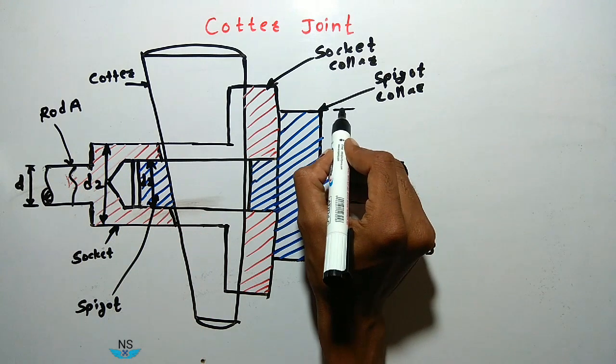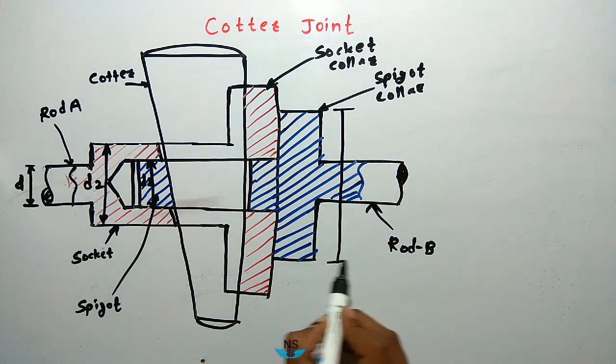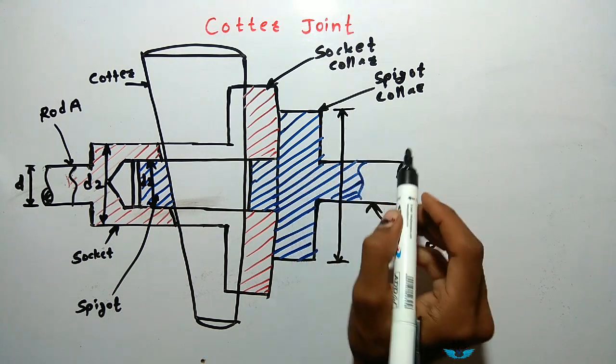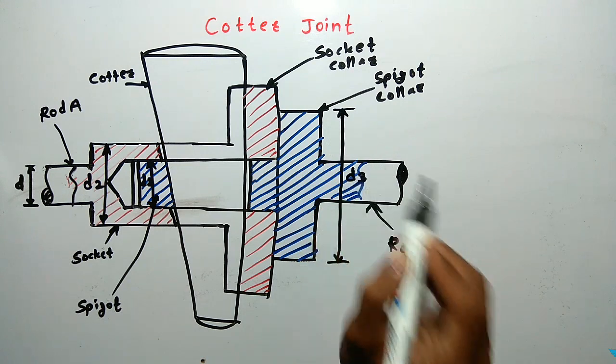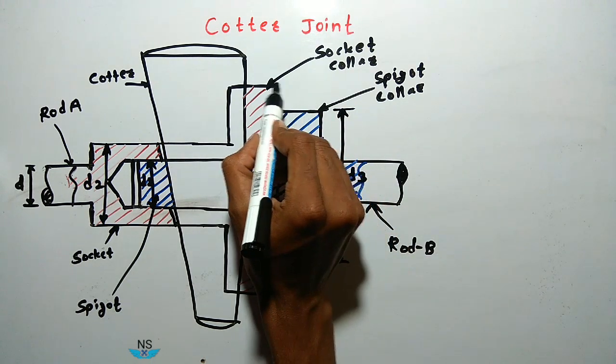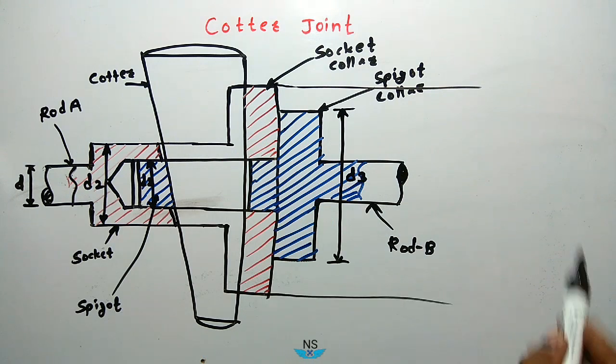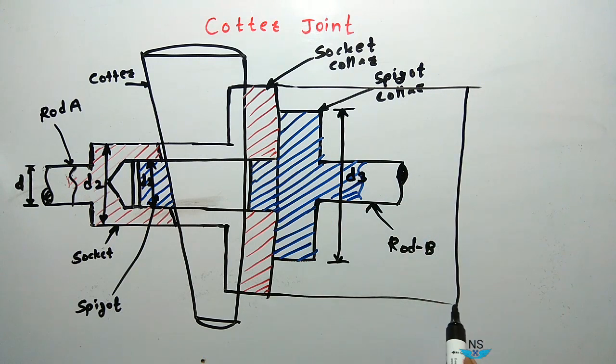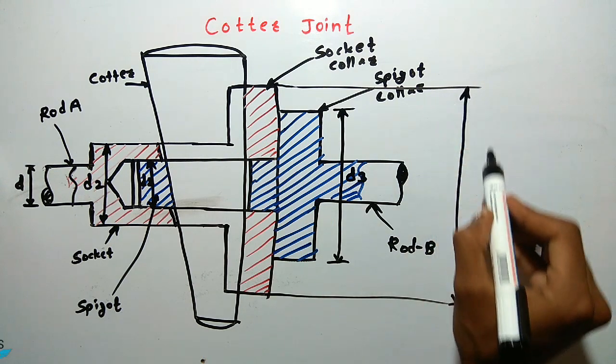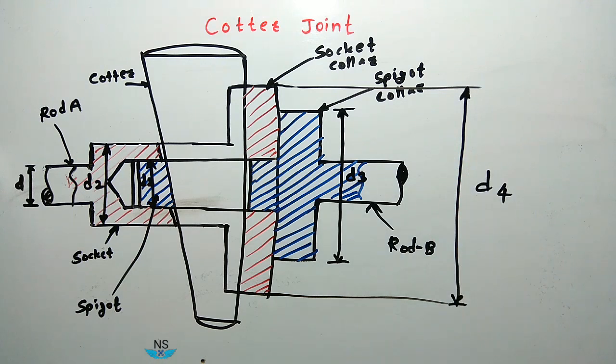Then the diameter of the spigot collar is d3. Then the diameter of the socket collar is d4.